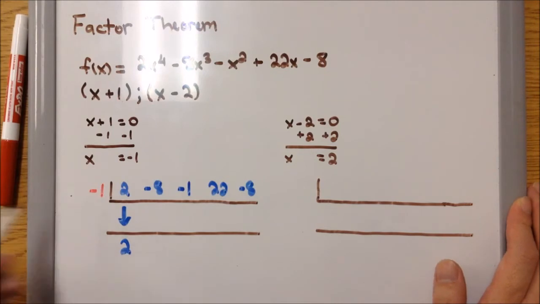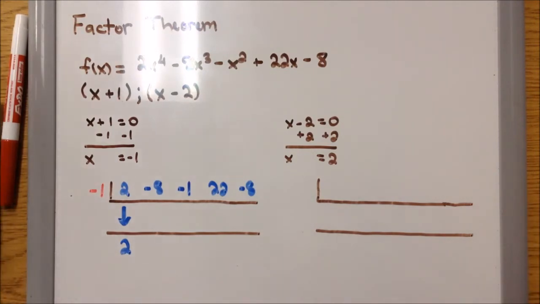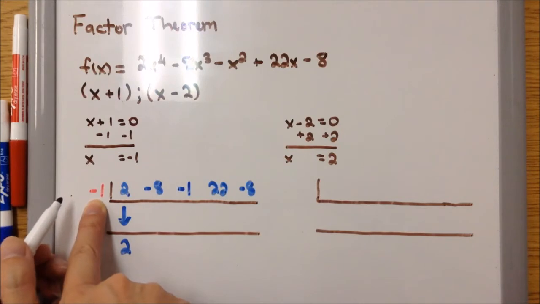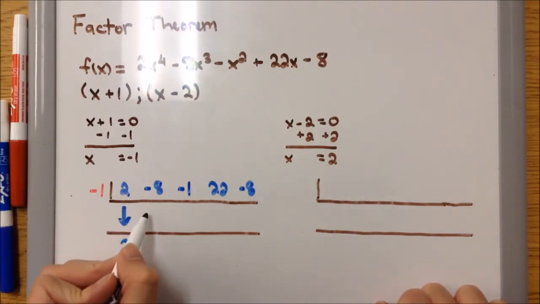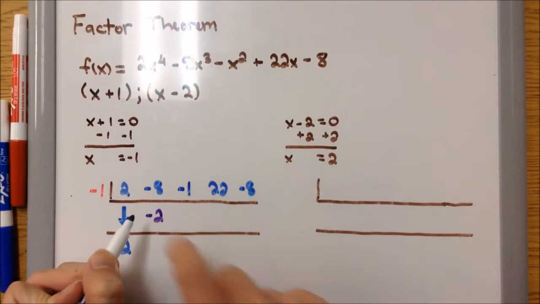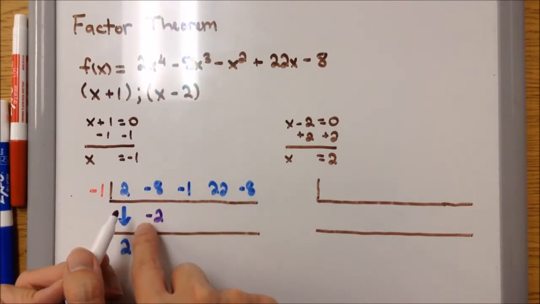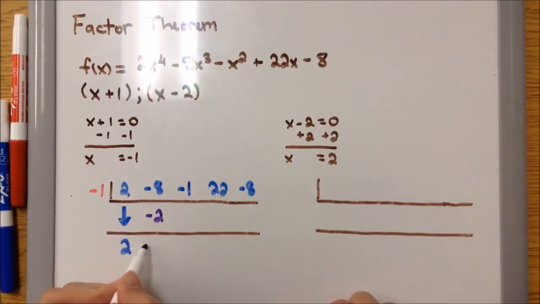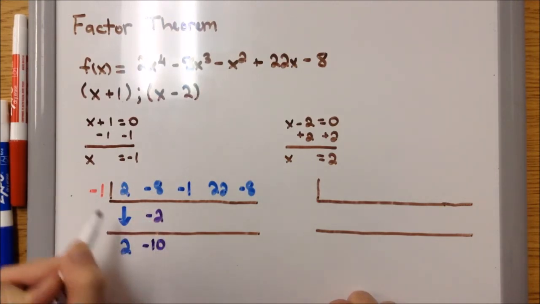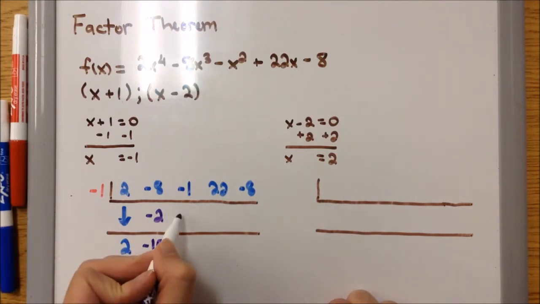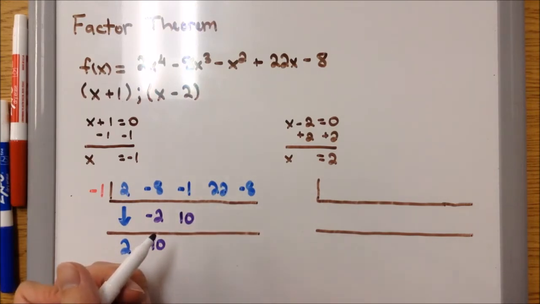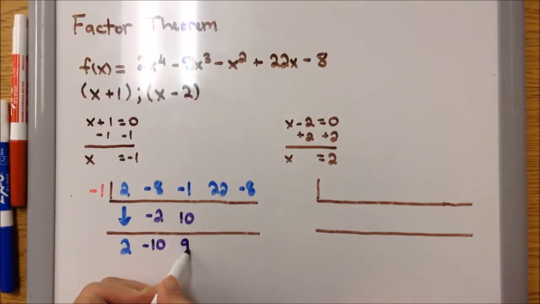Now we're going to use a different color. So our 0, negative 1, negative 1 times 2 is negative 2. So starting from the top, negative 8 minus 2, because that was negative from the beginning. So negative 8 minus 2, that's negative 10. Negative 1 times negative 10 is just a positive 10. So negative 1 plus 10 simply is 9.